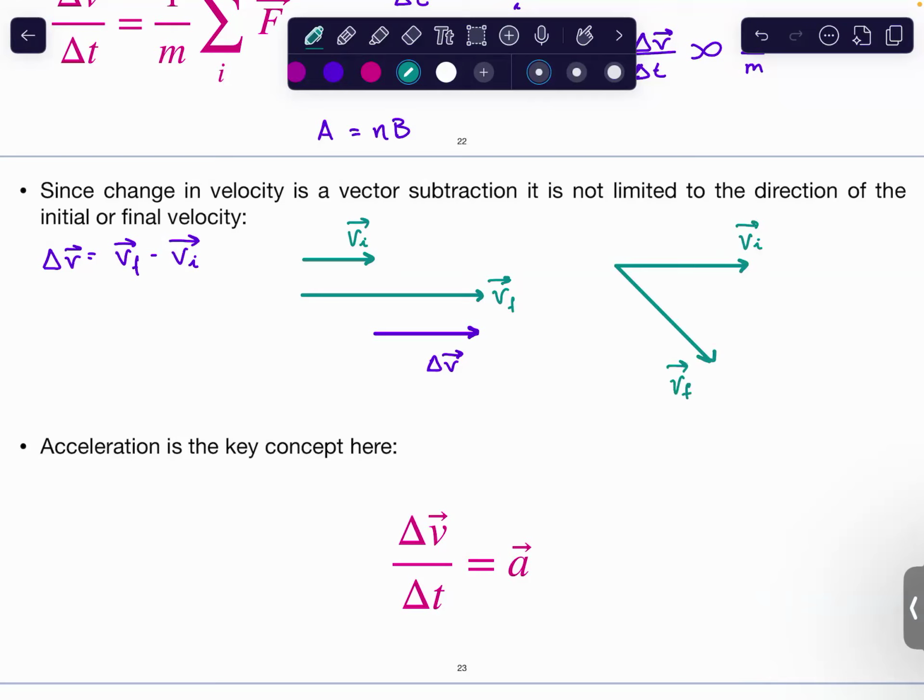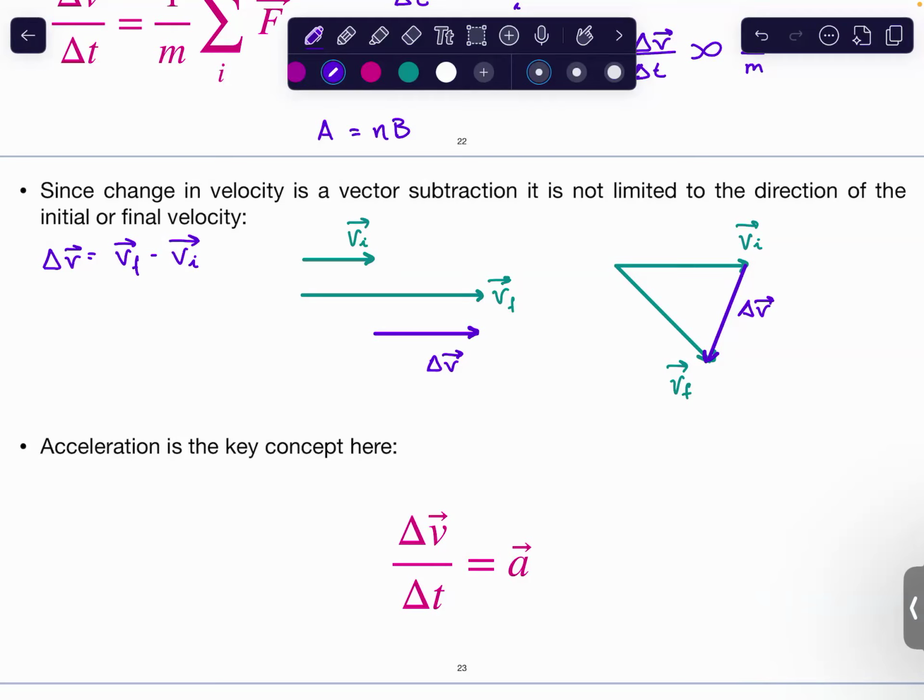Okay, so let's say we have an initial and a final velocity going in different directions. Your delta V, you remember, because when we were doing displacement, so your delta V is going to take the path of that subtraction between the two vectors. And you notice, take the first one there, it's just linear.